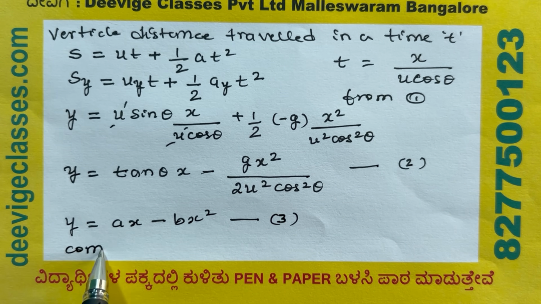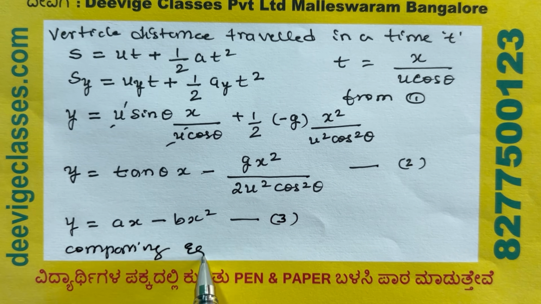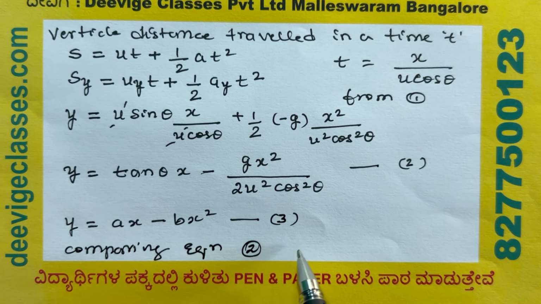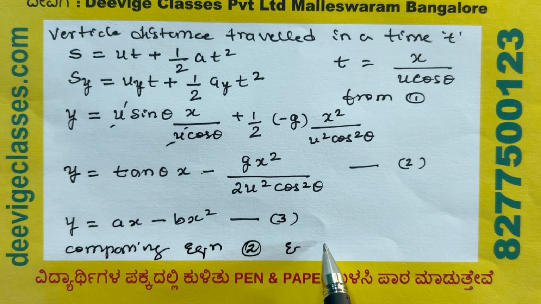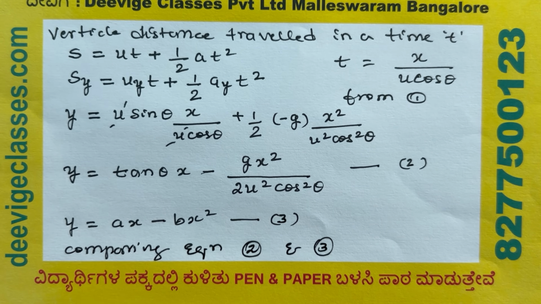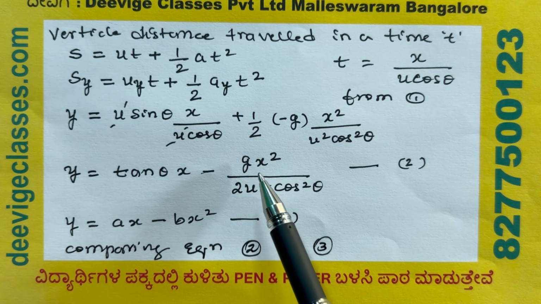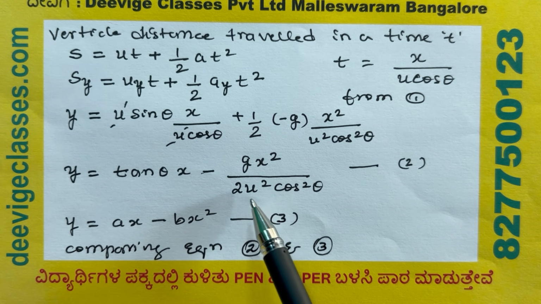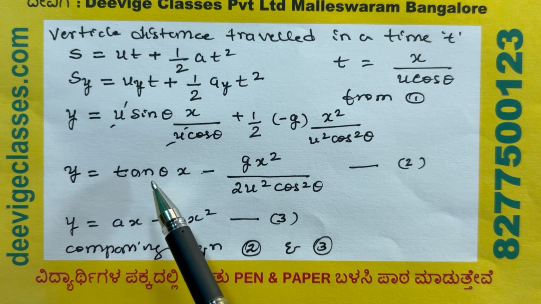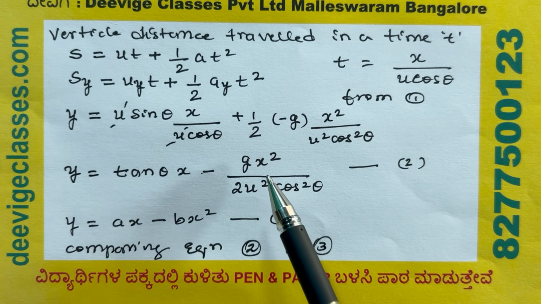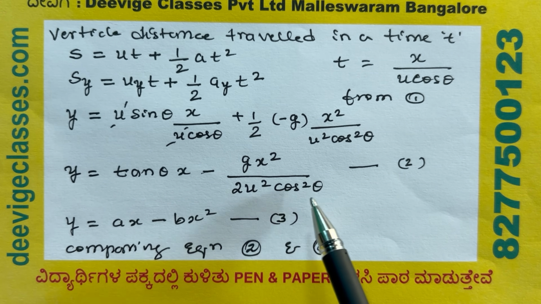Comparing equation number 2 and 3, what we will get is a is equal to tan theta and b is equal to g divided by 2 u square cos square theta.